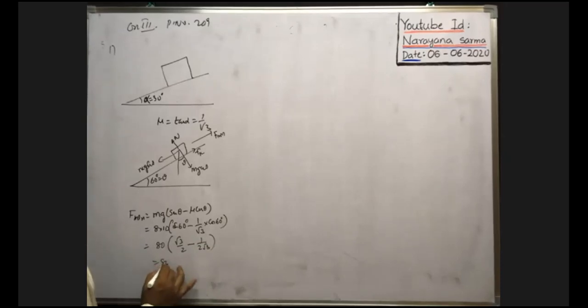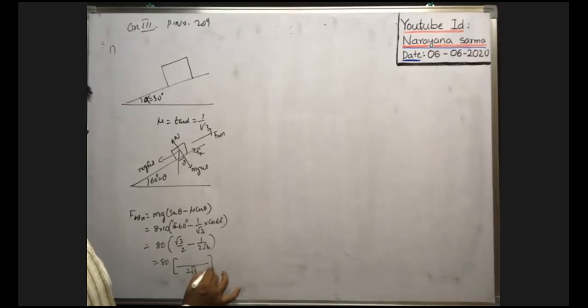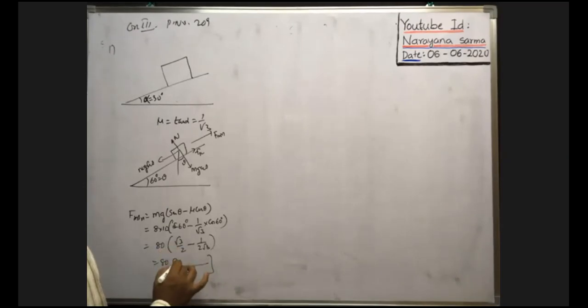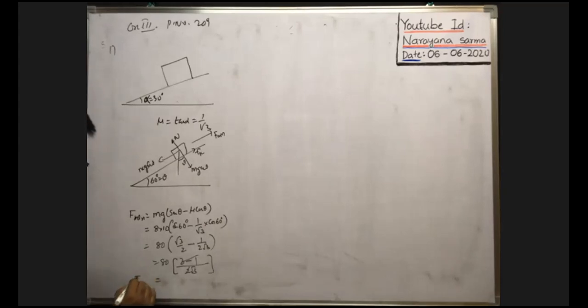Take the LCM, 2 root 3. So root 3 into root 3 is 3, minus 1, gives 2. This 2 cancels, so 80 by root 3. Therefore, the minimum force required to prevent the slipping is equal to 80 by root 3 Newton.